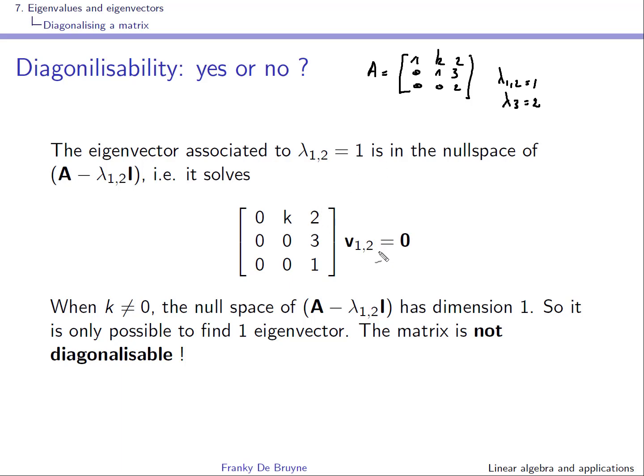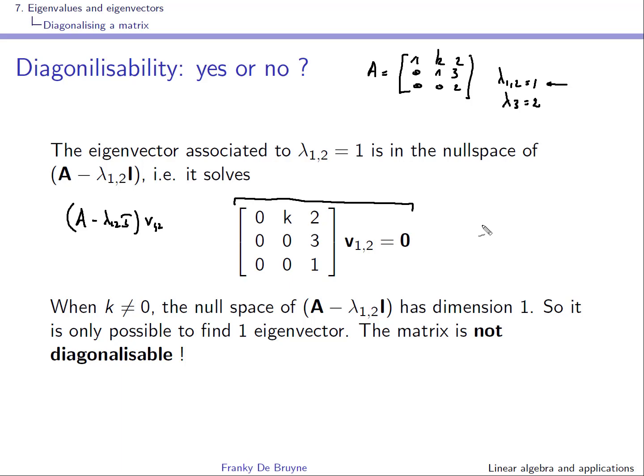So we're now looking at the eigenvector or vectors associated to this double eigenvalue, and we have to consider the problem A minus lambda 1,2 times the identity matrix times v1,2. Okay, so this leads to this eigenvector problem.